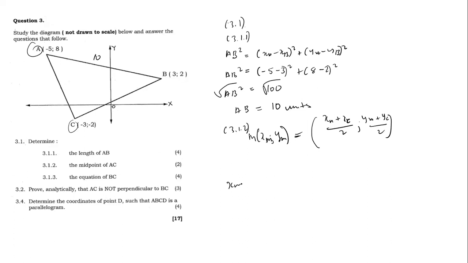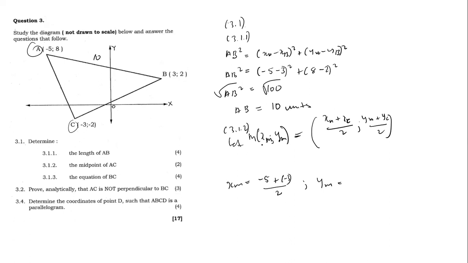So that means x of M, which is what I'm looking for, will be equal to, what is the value of x of A? It's -5, plus what is the value of x of C in this case? It's -3, divided by 2. Now let's look for y of M, which is the midpoint. What is y of A?